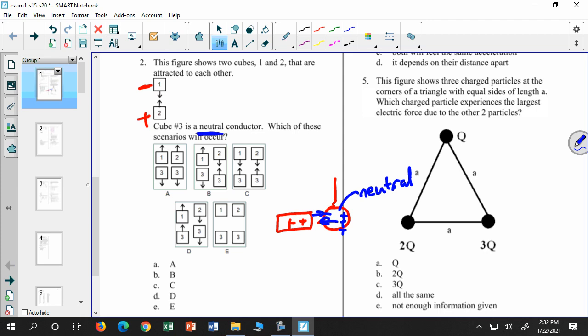If it just said neutral, you would be right. E would be the right answer. But it also says conductor. And the conductor means that C is the right answer because I would have a negative charge here and a positive charge here as I assign them up here. That means I would get a polarization of charges there and a polarization of charges there, meaning that they would attract to one another. I'm not sure that's exactly what you're looking for, but it's still a good question.